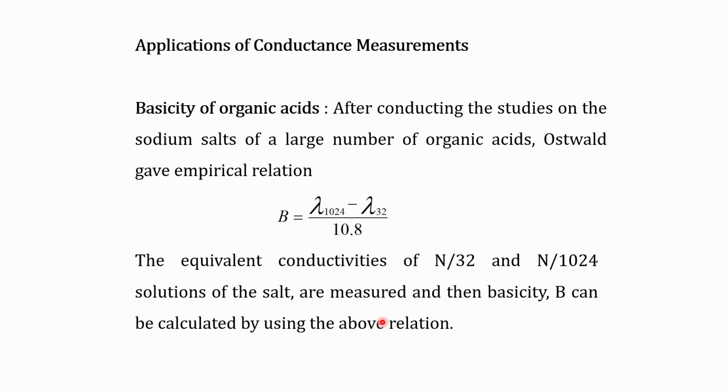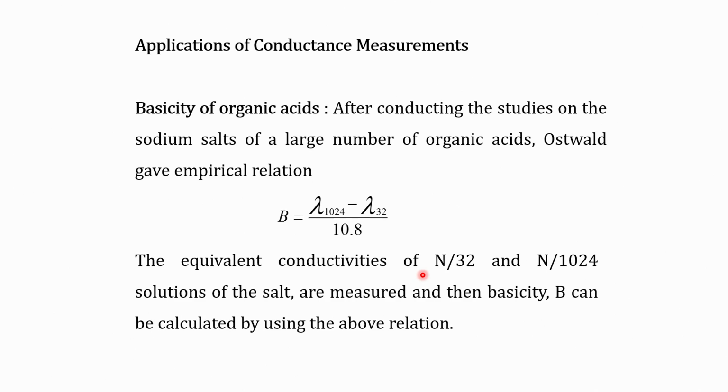All you have to do is prepare N by 32 and N by 1024 concentrations of the acids, and then measure the difference divided by 10.8, which can give you the basicity of the organic acids.